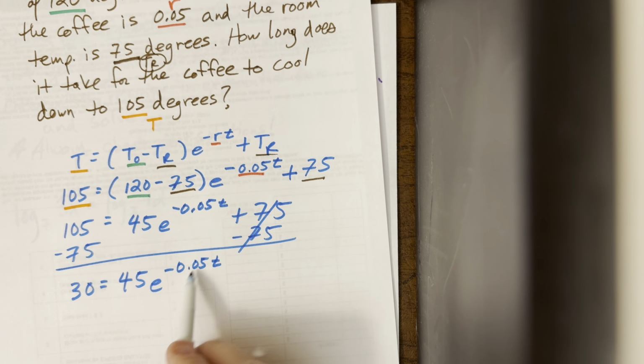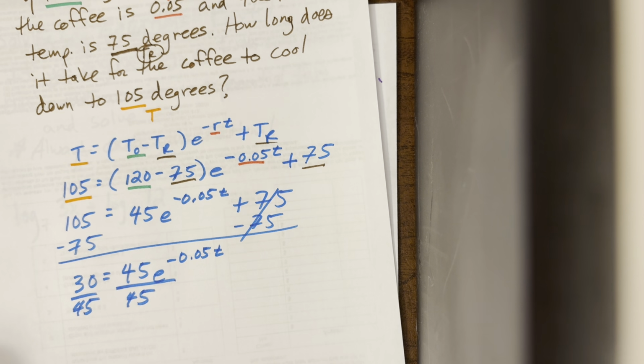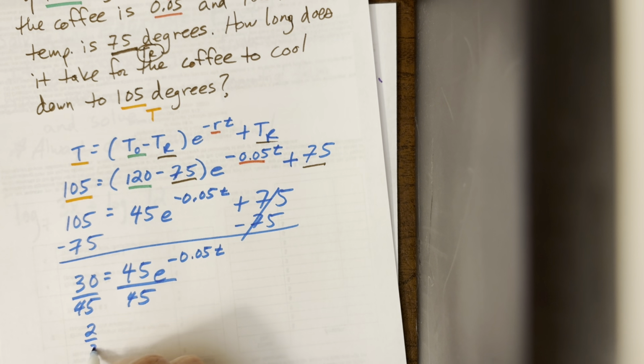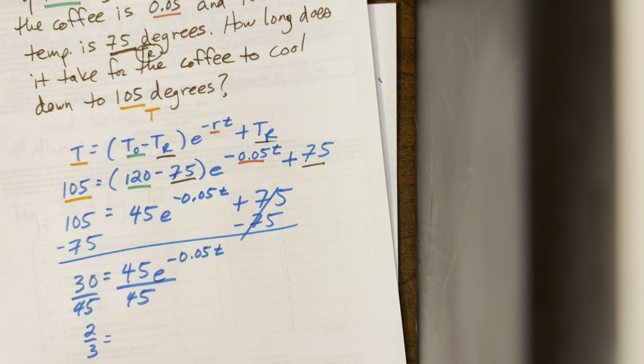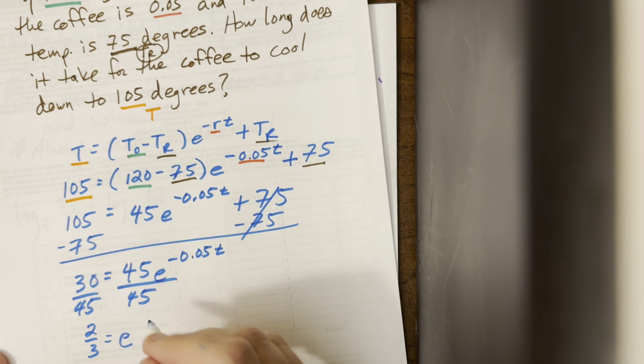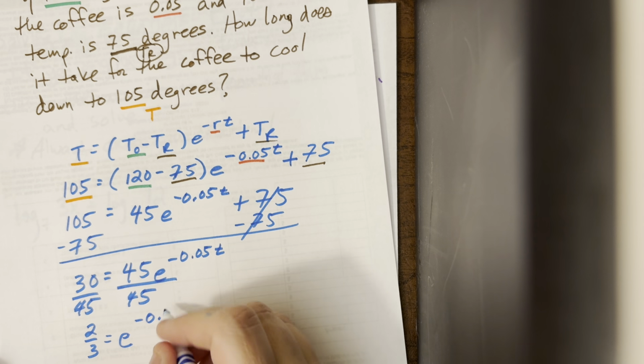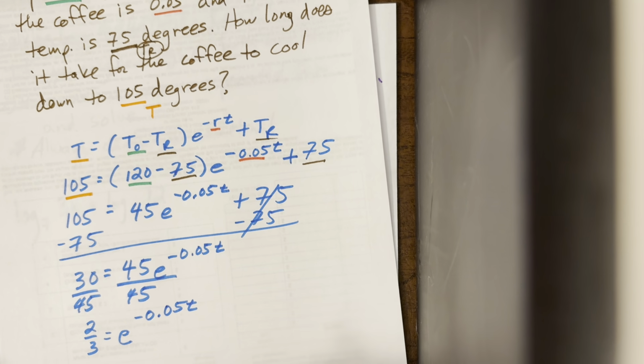So I'm gonna isolate the E by dividing both sides by 45. 30 divided by 45 is a big ugly decimal. I'm gonna call it 2/3. And that's equal to E to the negative 0.05 T.